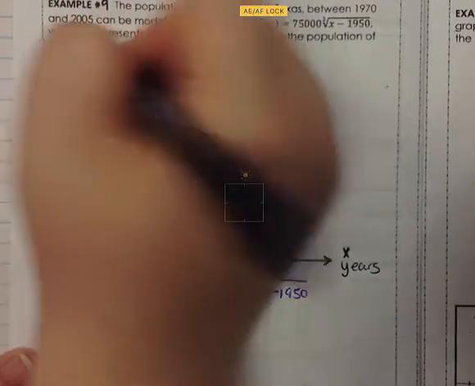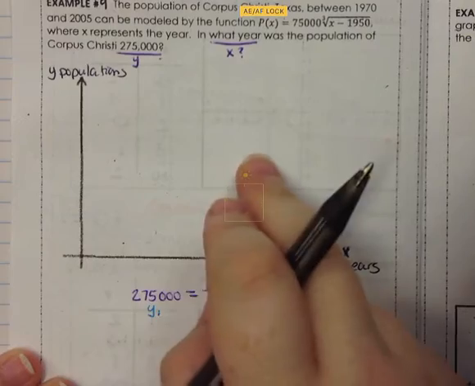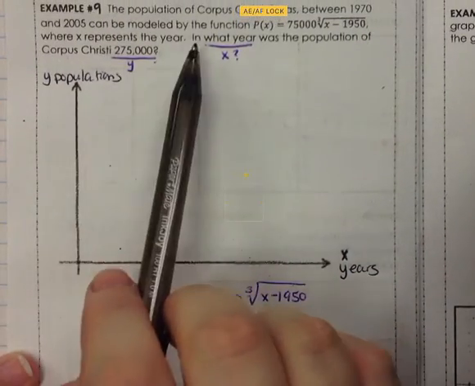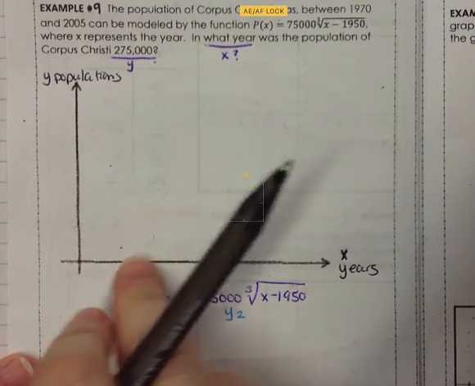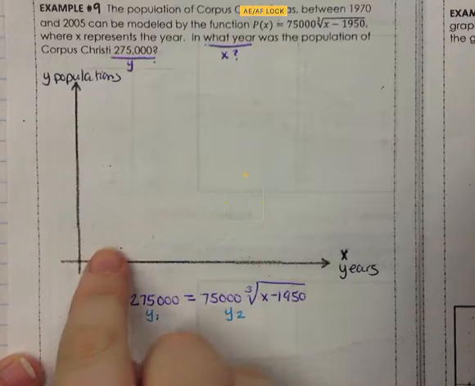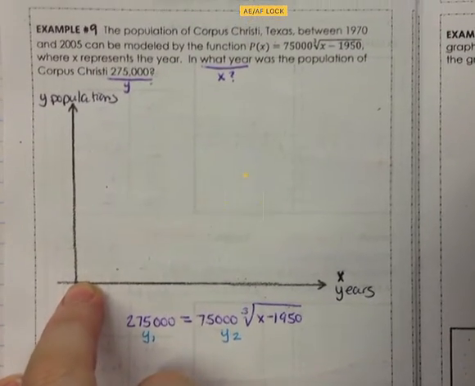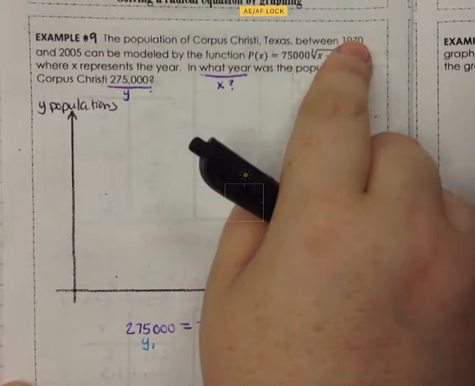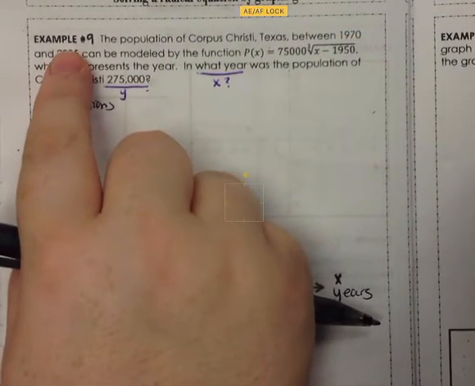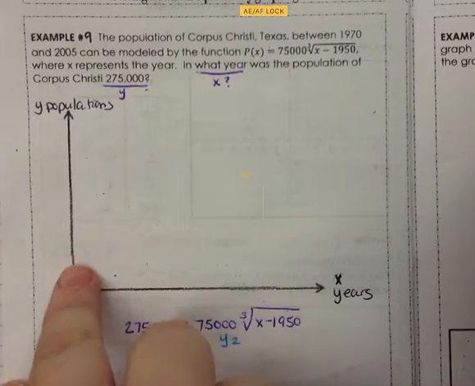You might be wondering why we don't have a full coordinate plane. Why is it only quadrant 1? This is a real life problem. In years, we can't go back in time, and we also can't have negative years. So technically 1970 is year 0, between 1970 and 2005.